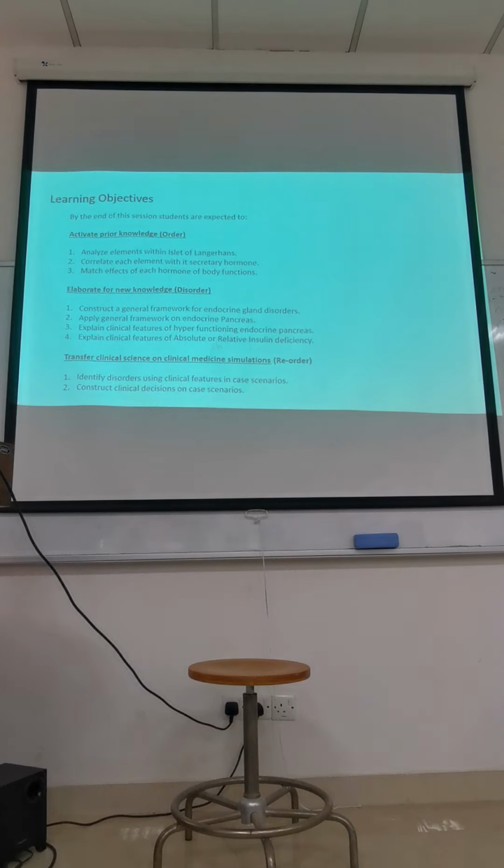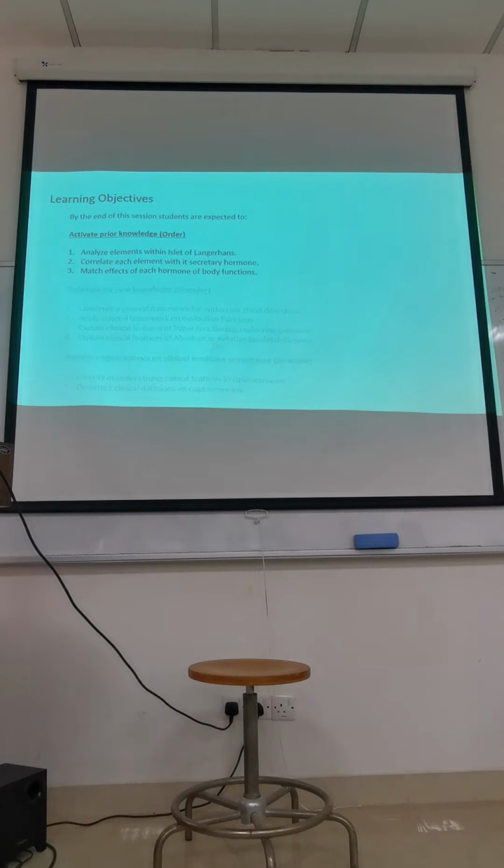Then we talk about the hyperfunction and the deficient function, so high and low function of the gland. And then based on that we try to see when a patient presents how we pick the problem and how we try to reverse it back. So I will say that we have three parts: order, disorder, reorder, right? These are the three main ideas that we are going to focus on.